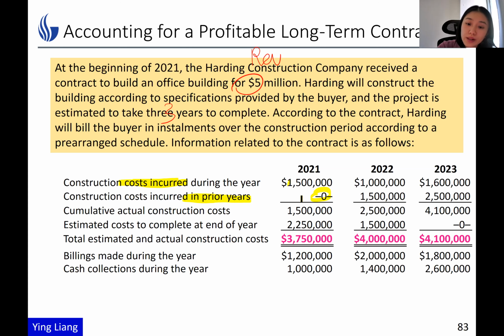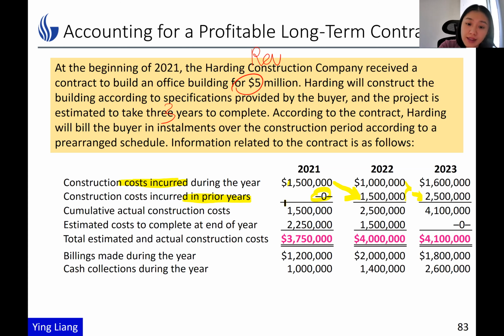But you see in 2022, the 2021 number carried forward to the next year. And in 2023, there are 2 years. How do I get the 2 years? I have 1 million plus 1.5 million equals 2.5 million. So let's go to line 3, cumulative actual construction costs.